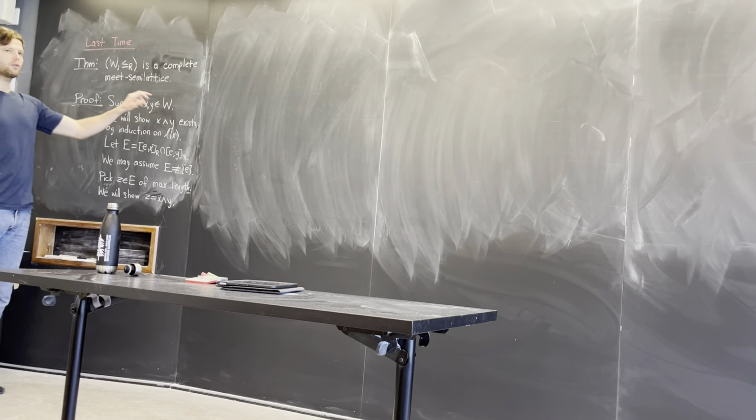We can assume that E is not just the identity element, because if it was, then little e would be the unique lower bound, so it would be the greatest lower bound, and we'd be done. So we're going to pick some element z in capital E of maximum length, and we're going to show that it is the meet of x and y.